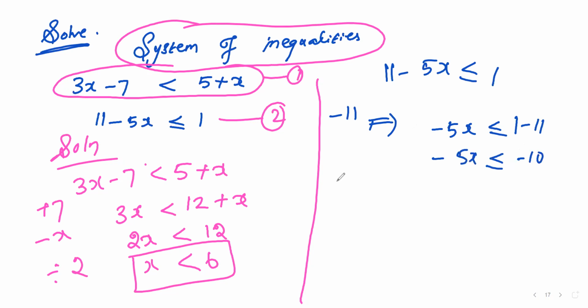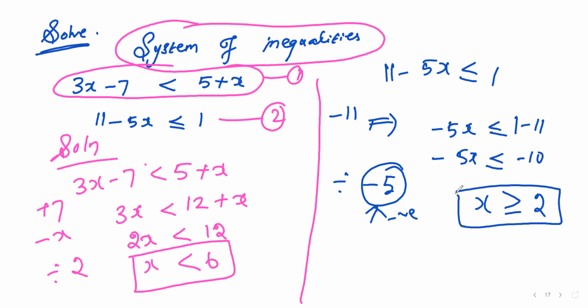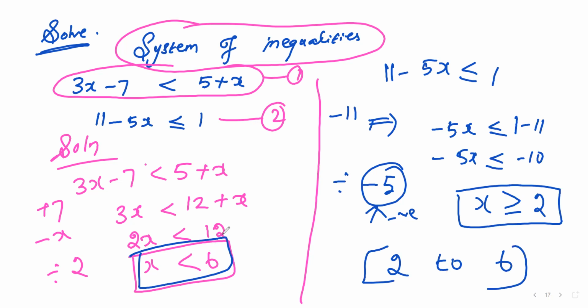Divide by minus 5. Minus 5 is a negative number, so your inequality gets reversed. So x should be greater than or equal to 2 and less than 6. Your answer should be 2 to 6, and 2 is included, 6 is excluded.